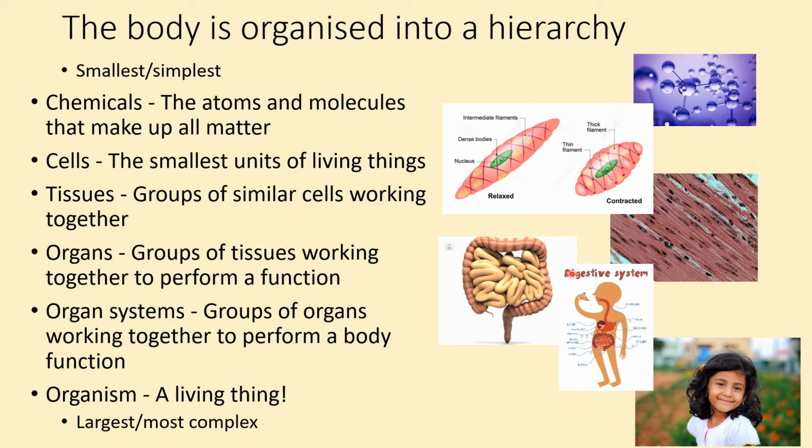And the pictures that you can see are parts of the digestive system. So we've got muscle cells, and then this is actually a picture of some muscle tissue in the intestine. And this is actually two organs, the large intestine and the small intestine. And we've got the whole digestive system, and then we've got the organism, which is of course a human.